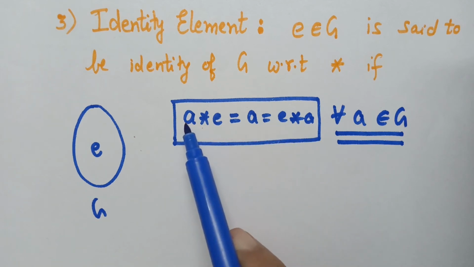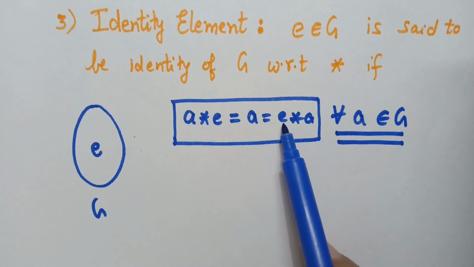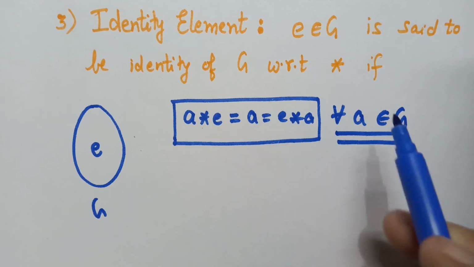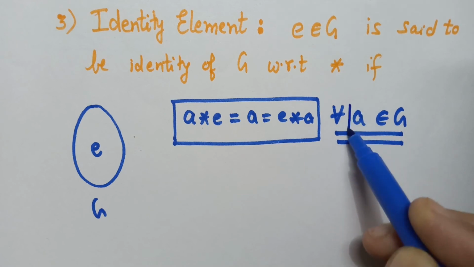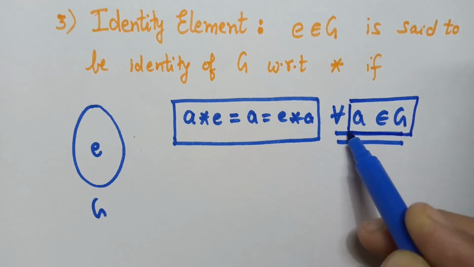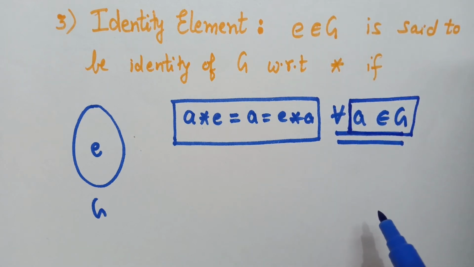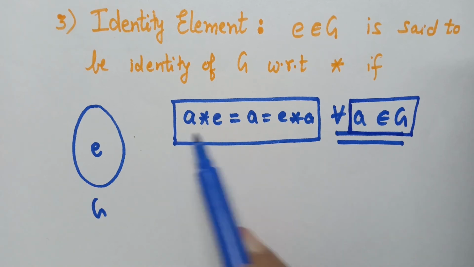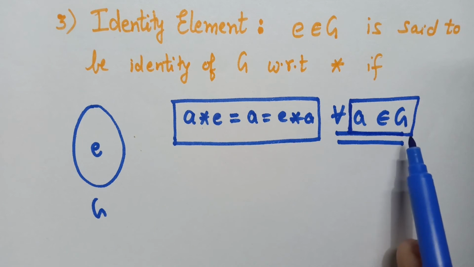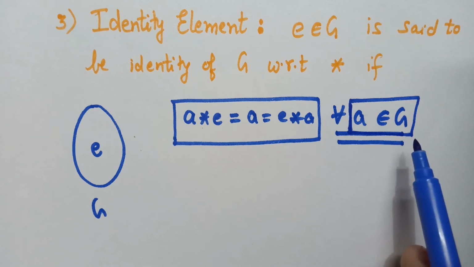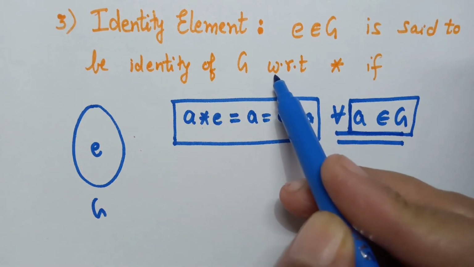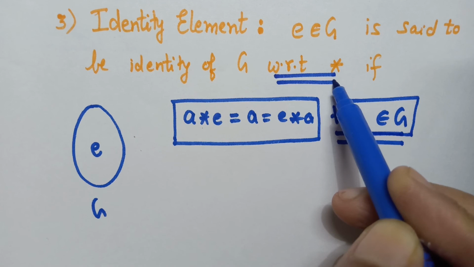That is, either we combine A with E or E with A, the result would always be A. And be careful, it must hold for all A belonging to G. So if E is such an element for which this condition is satisfied for all A belonging to G, then E is called identity of G with respect to the given binary operation.